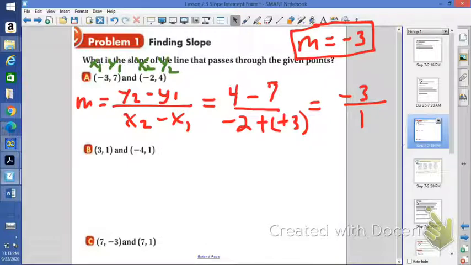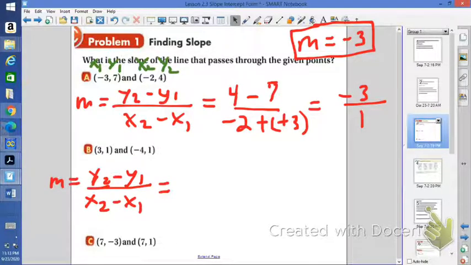Alright, in part B, same thing, we're given 2 points, so we're going to use the formula for slope, y sub 2 minus y sub 1 over x sub 2 minus x sub 1. Get into the habit of writing this all down, so you don't make any careless mistakes.